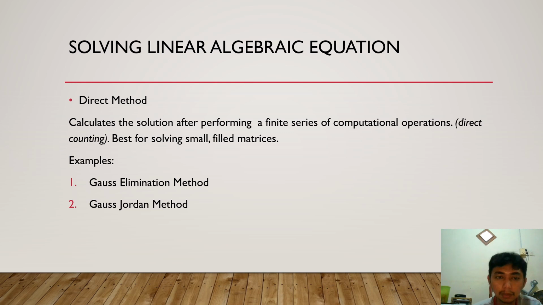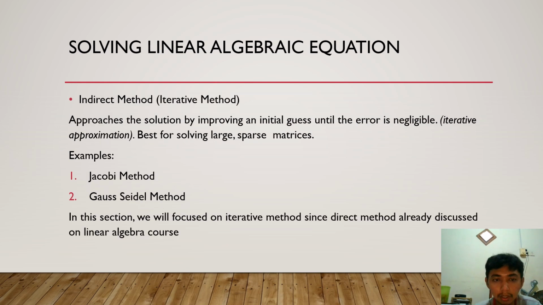For example, this method is the Gauss elimination method or the Gauss-Jordan method. Then the indirect method, or iterative method, approaches the solution by improving an initial guess until the error is negligible. It is best for solving large or sparse matrices. Examples for this method are the Jacobi method and the Gauss-Seidel method.